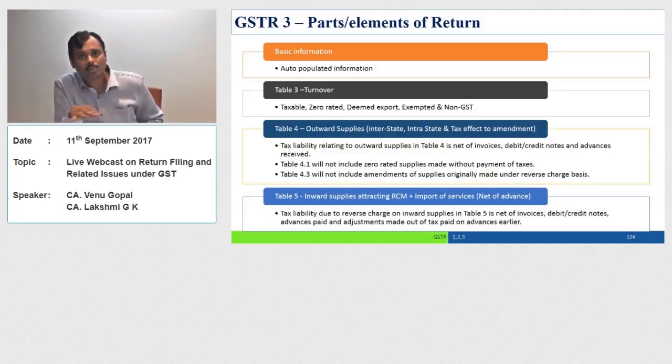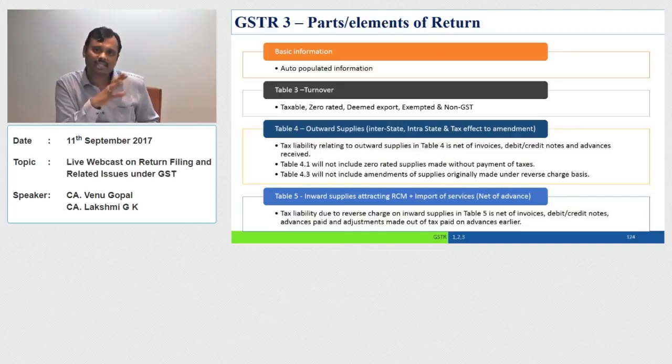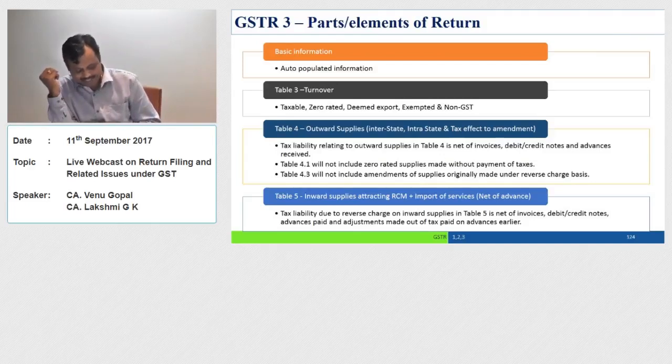Hypothetically, there are no B2C supplies in the current month. So my B2C turnover actually comes negative and my liability also comes negative. This table 4 takes cognizance of all those amendments being made and recalculates my tax liability. So my tax liability is automatically calculated along with the amendments that I am making.